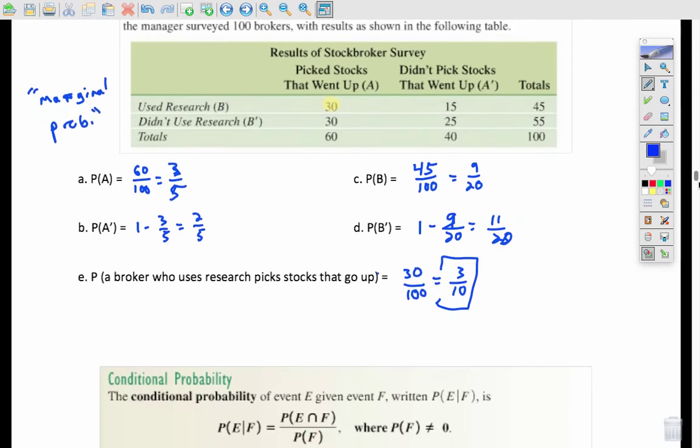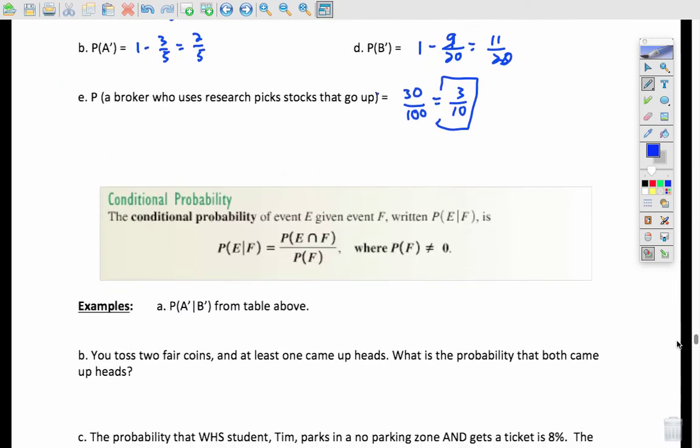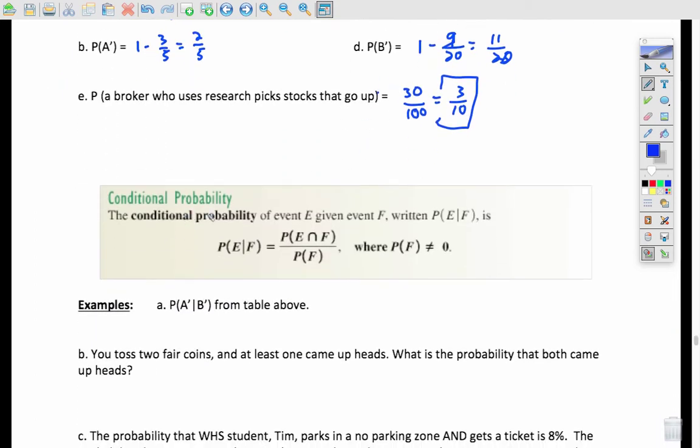Okay, so I could go through a big long formula here, and it looks complicated because it is. The conditional probability of event E given event F is written as the probability of E, vertical bar, F. So we know F has occurred. We've imposed some sort of condition on this situation where F has already occurred.